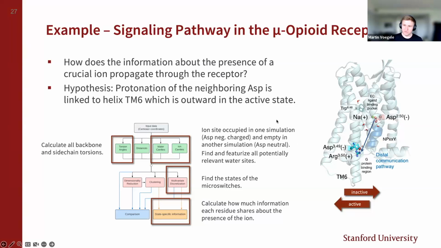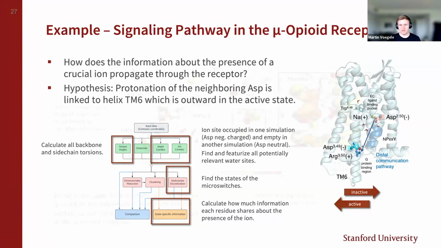We knew that in G protein coupled receptors, water molecules are important, so we included the water cavities in our featurization. And we know that the side chains often work as microswitches, so we include our Gaussian discretization. And in the end, we calculate the state-specific information for each of those residues.